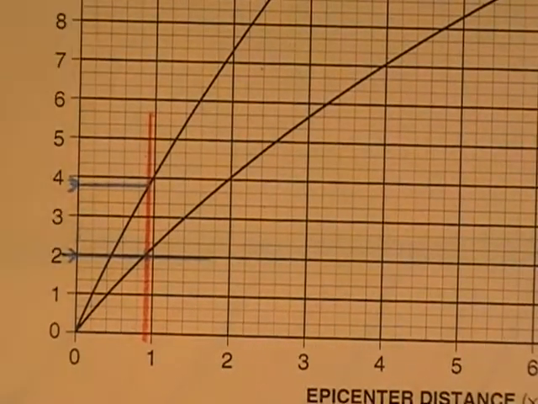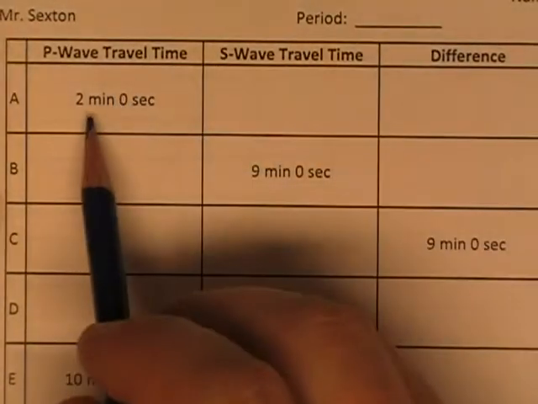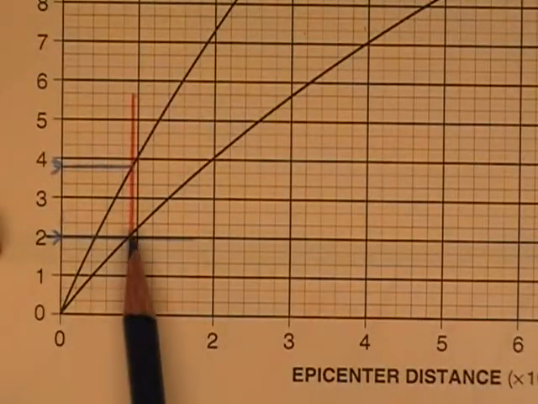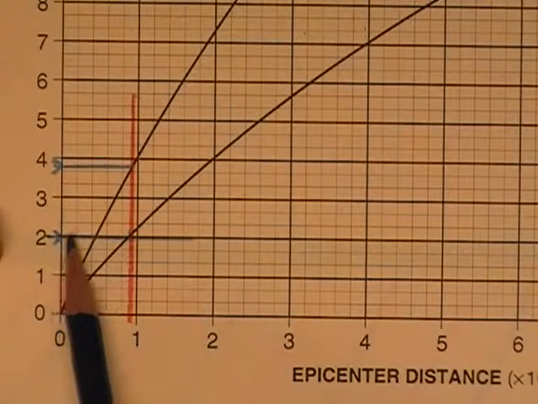So on my fingerprint chart, I now have a 2-minute travel time for P wave, as illustrated right here, where the vertical line for that earthquake crosses the P line at 2 minutes.